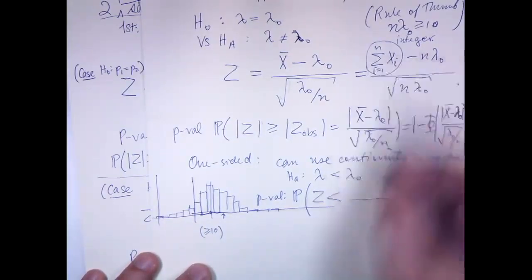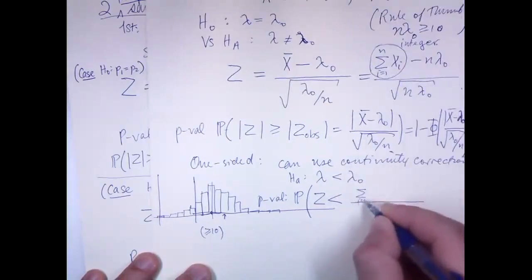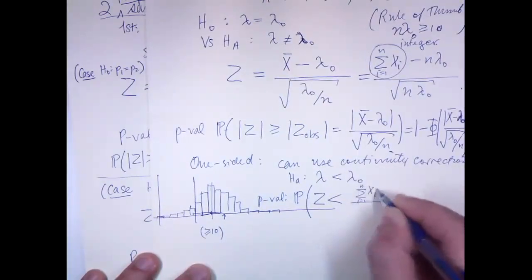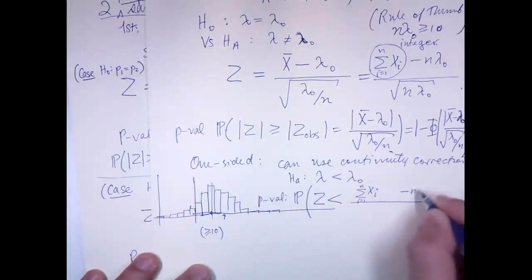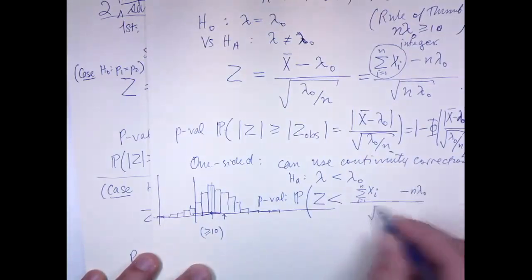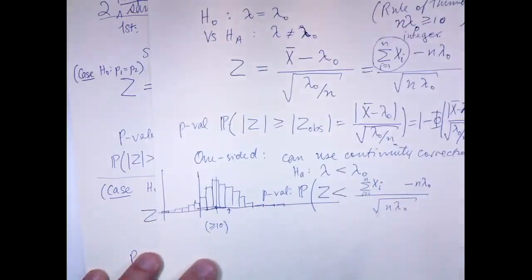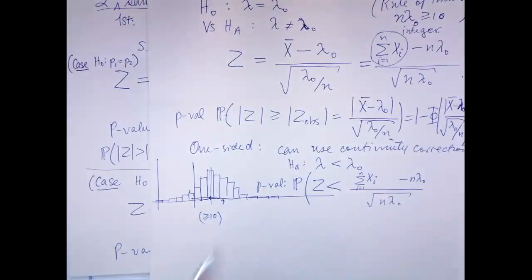So let's write it: the sum from i equals 1 to n of xi, fixed up minus n lambda 0, divided by square root n lambda 0, and then I need to either add a half or subtract a half. Let's see how we know which.